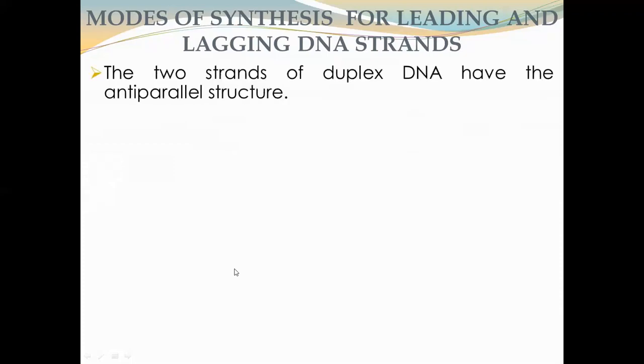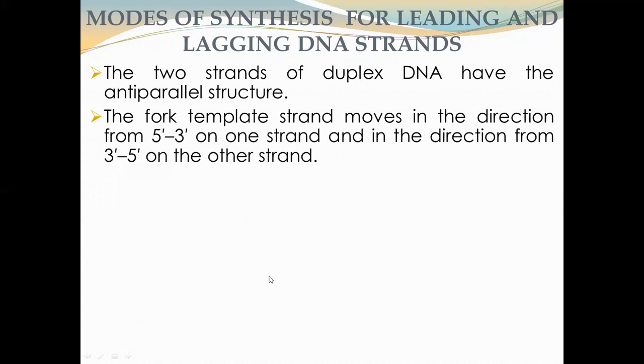So there are different modes of synthesis for the leading and lagging DNA strands. The two strands of the duplex DNA have an anti-parallel structure. One strand goes from the 5 prime towards the 3 prime direction, whereas the other strand goes from the 3 prime to the 5 prime end.